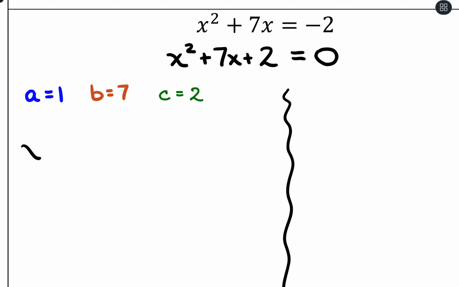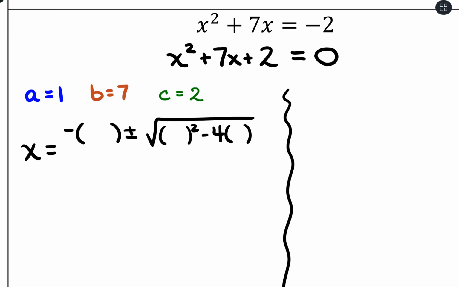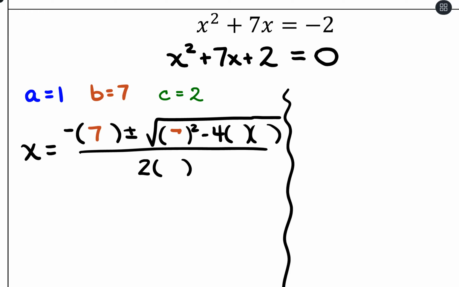So we're going to have x equals negative b plus or minus root b squared minus 4ac all over 2a. And we're going to plug in negative b. I feel like I messed up my colors here, but we'll get it. b squared minus 4ac all over 2a.